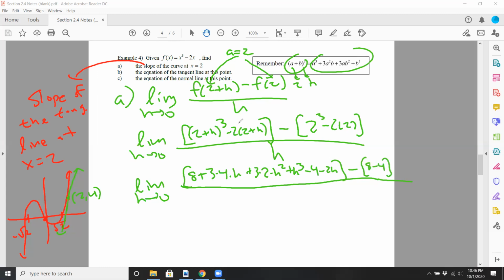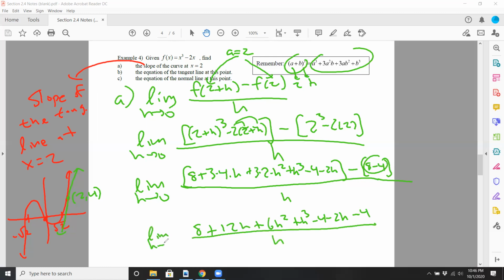So be very careful. Keep working it out. You get 8 plus 12h plus 6h squared plus h cubed minus 4 minus 2h. And then that's a 4 here, so that's another minus 4, all over h.